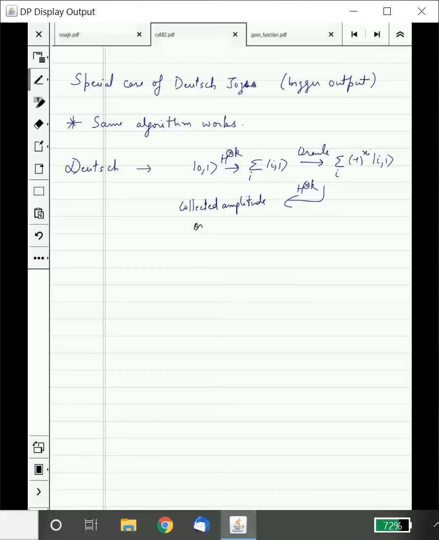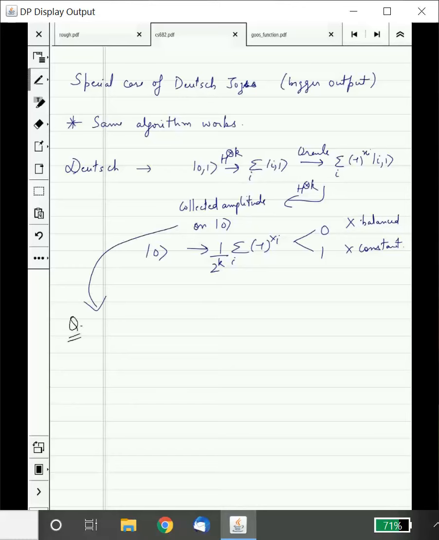It turns out that the amplitude on state 0 after that was going to be minus 1 to the x_i, summed, with a normalization factor. This was 0 if x was balanced, and 1 if x is constant. This was the simple algorithm.